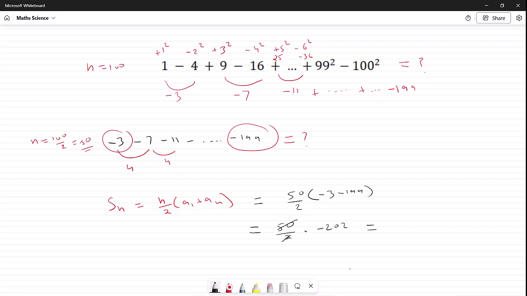And 50 divided by 2 is 25. So this just becomes 25 times minus 202. And if we multiply this, we get minus 5050. And here's our solution. So the sum of this series is negative 5050.